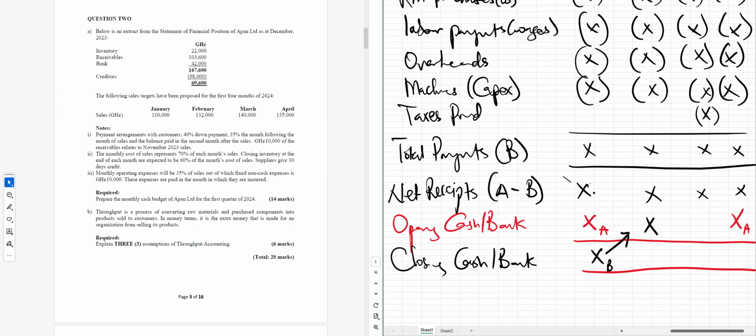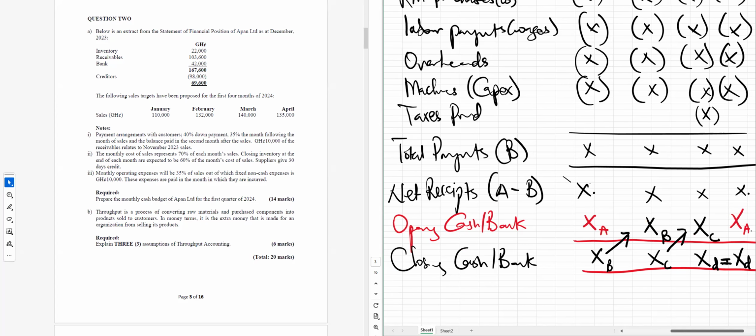That concept, never forget it. So XB comes here, you add this and this, you get XC, right? This XC now becomes what? Closing again for this one, right? Let's say this becomes XD. At the end of the day, if you add this and that, you should also get the XD. So this will tell you that your cash budget has balance because XD will equal XD.